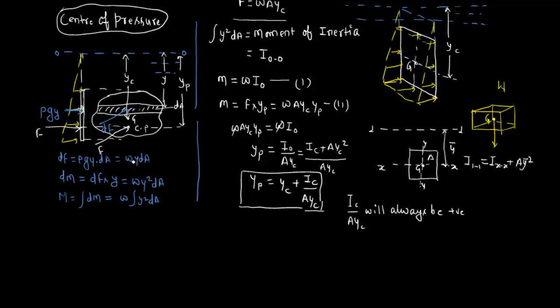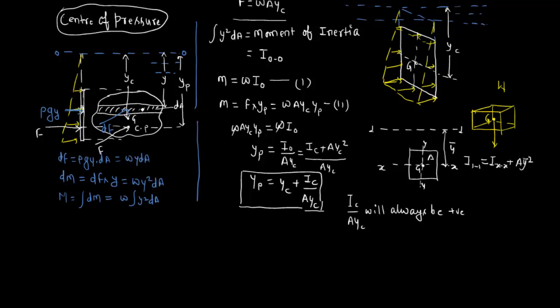Second thing, let's suppose this body is going to continuously sink down in this fluid. When the body continuously sinks down, obviously I_C remains the same, because I_C is the moment of inertia of the body about the self axis. The area of the body will also remain the same. It's not going to change, but Y_C keeps increasing.